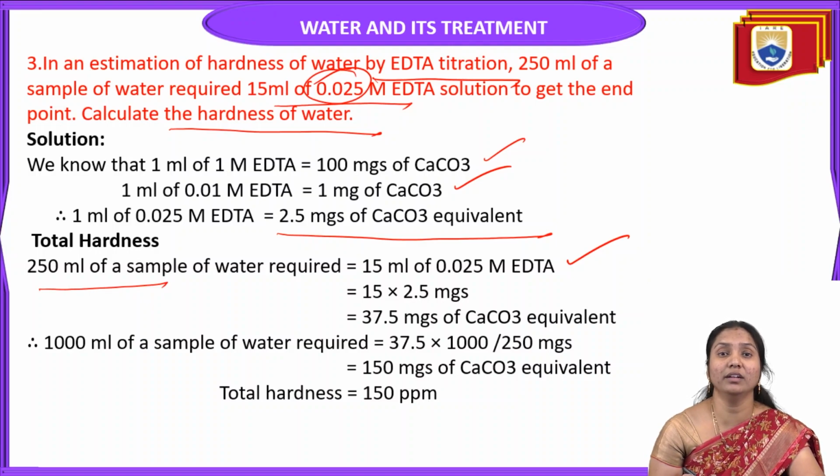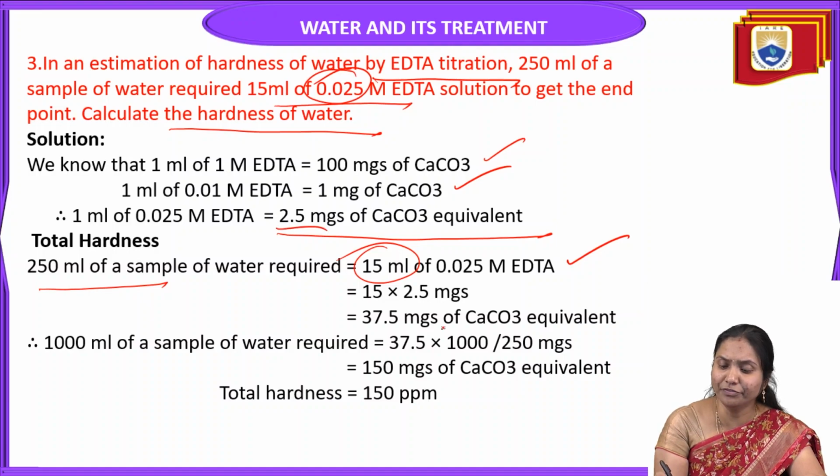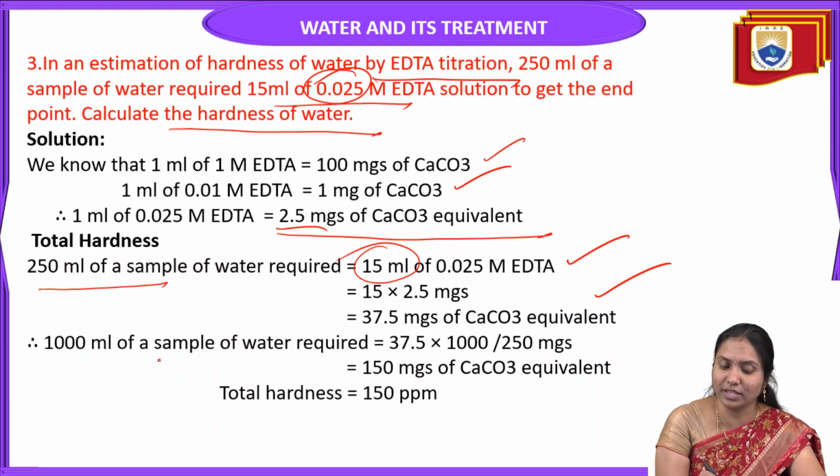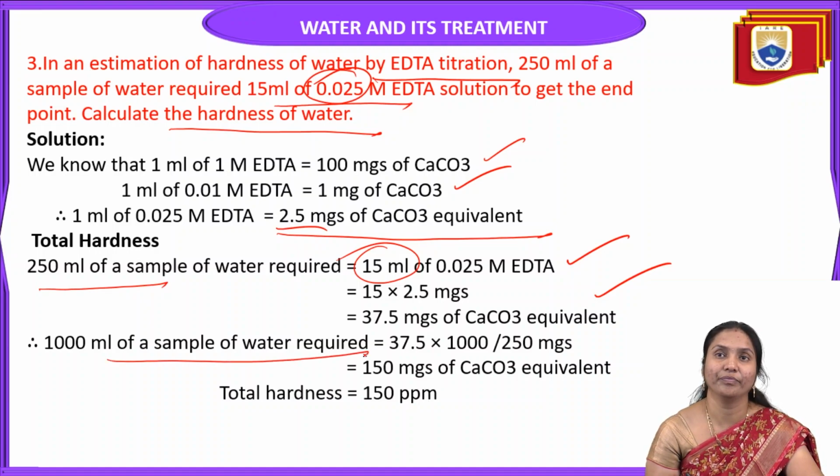And it is equal to how many milligrams of calcium carbonate? 2.5 into 15 is equal to 37.5 milligrams of calcium carbonate equivalent. Therefore, 1000 ml of the water sample requires 37.5 into 1000 by 250.